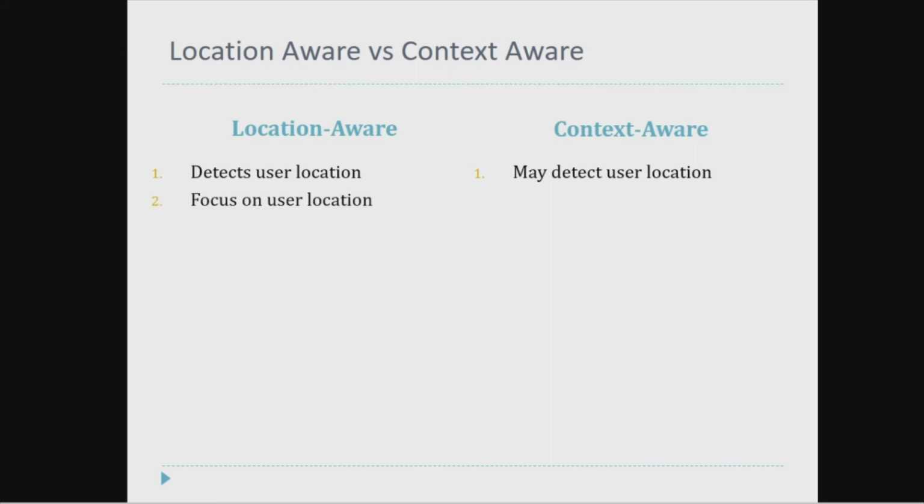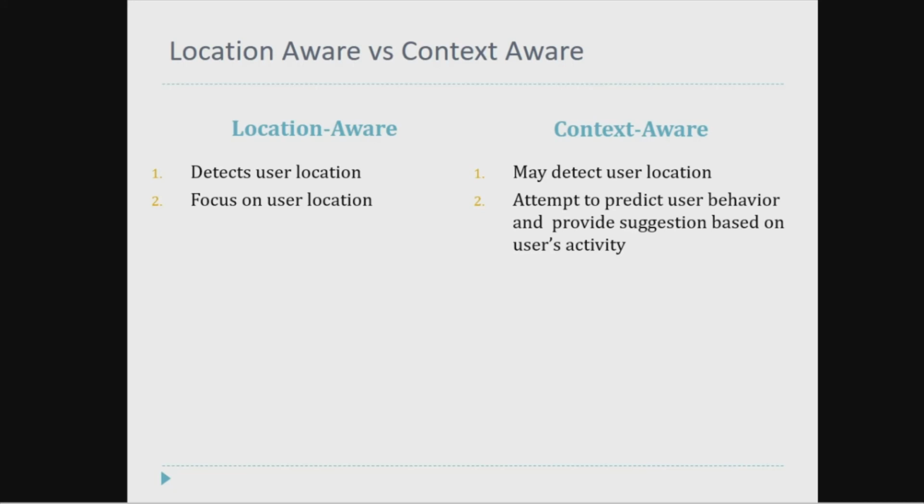Second, location awareness only focuses on the user location, while context awareness attempts to predict user behavior and provide suggestions based on users' activities. Third, location awareness attempts to provide services or functionality based on the user location. So it tries to provide information or other services to the user based on the user location.